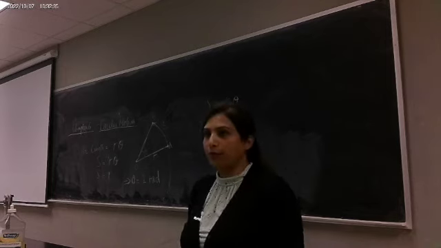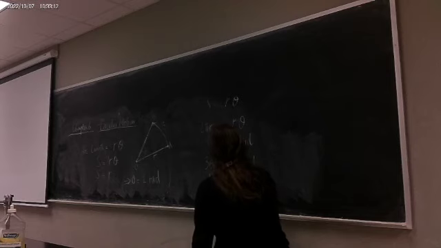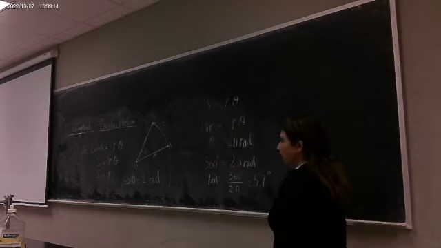Theta is 360 degrees, 2 pi radians. 1 radian would be equal to 360 degrees divided by 2 pi. That's the relationship of radians and degrees. That is approximately equal to 57 degrees.